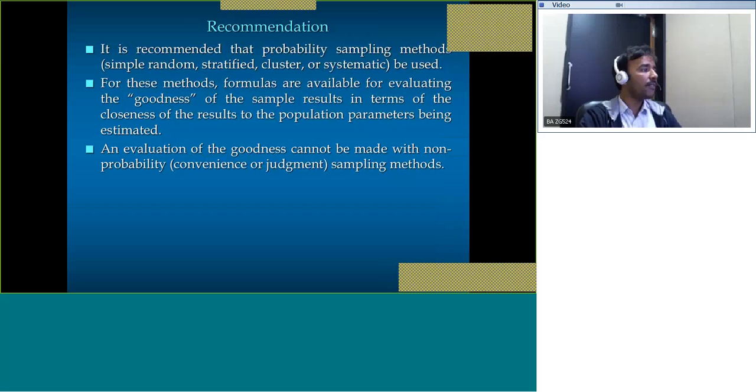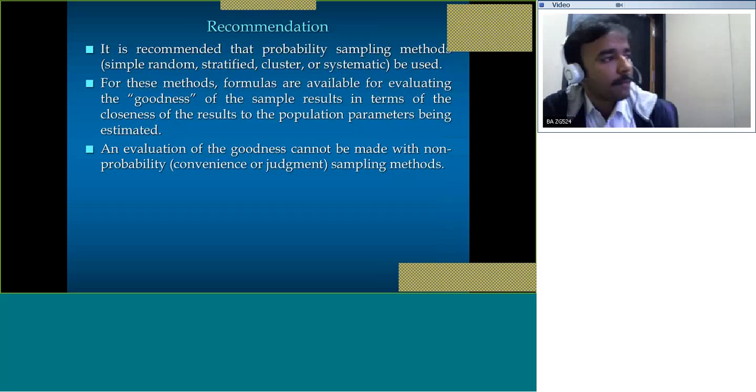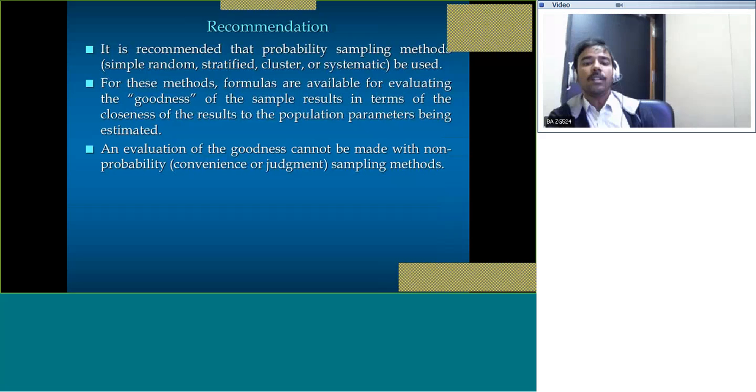So, stratified random sampling, cluster sampling, and systematic sampling are probabilistic sampling methods, whereas convenience sampling and judgment sampling are non-probability sampling methods. So just now I told you what is a simple random sampling, the basic thing. Now how do you do stratified random sampling?